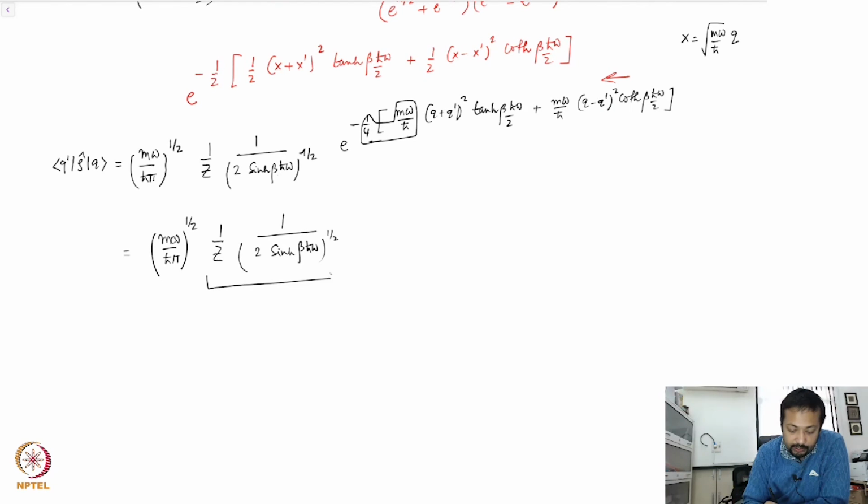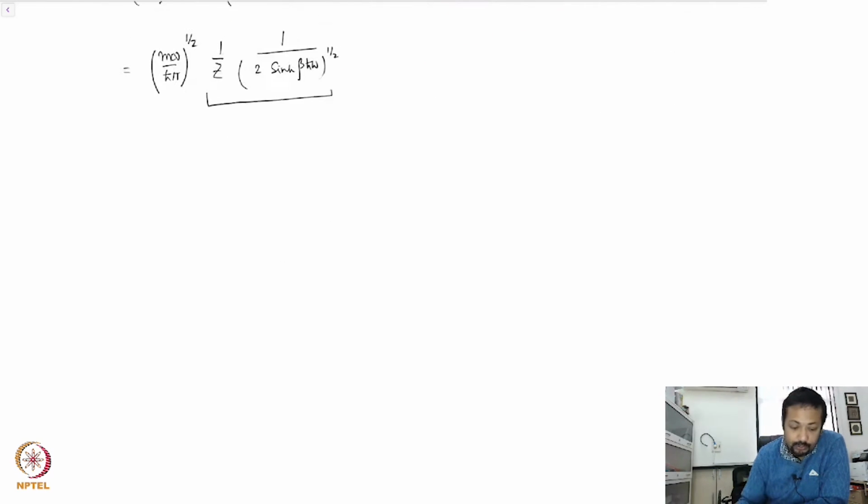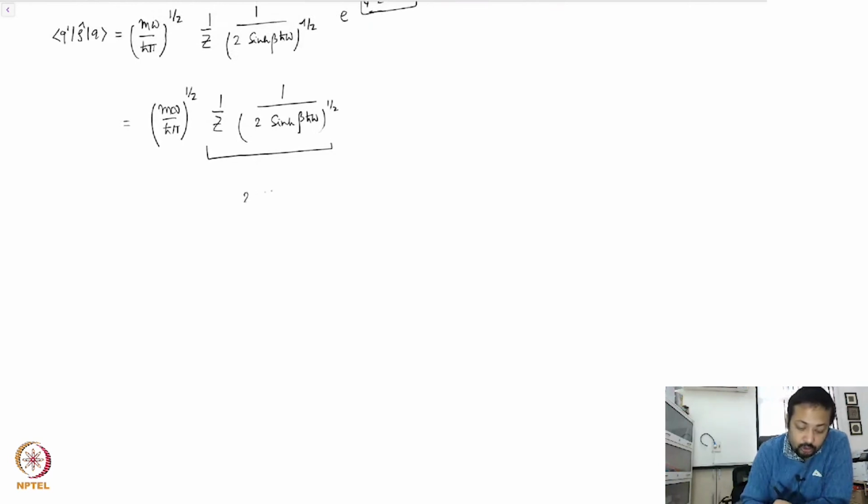If I just look at this term, this is going to be 2 sinh beta h bar omega. Since I know that z is 1 over 2 sinh beta h bar omega for the single particle, which we have already calculated, this becomes square root of 2 sinh beta h bar omega, well, let's just say half.